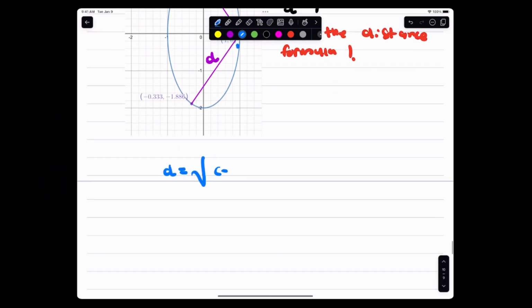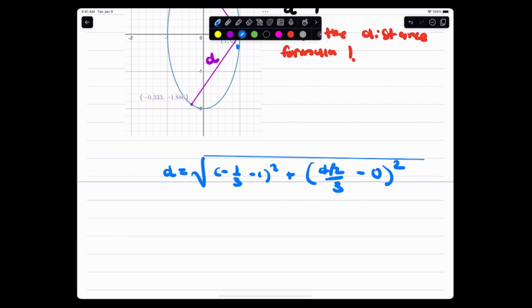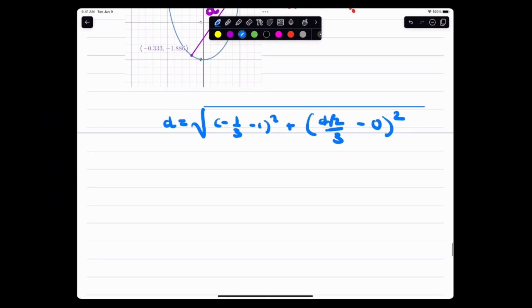I think that's what? Negative 1/3 minus 1 squared plus 4 square root of 2 over 3 minus 0 what? Squared. Double check. Is that true? 16/9 plus what? 32/9? Double check.